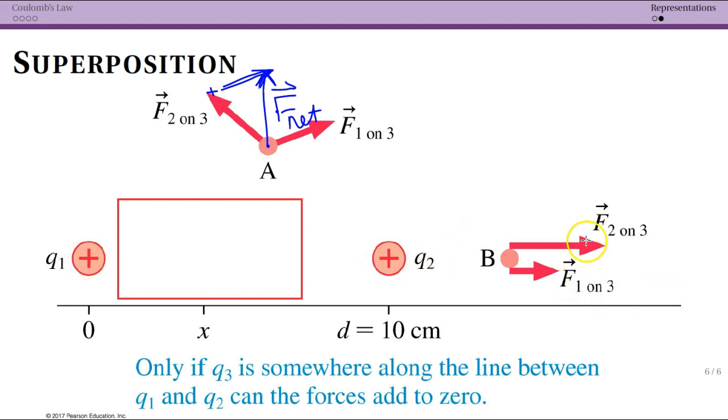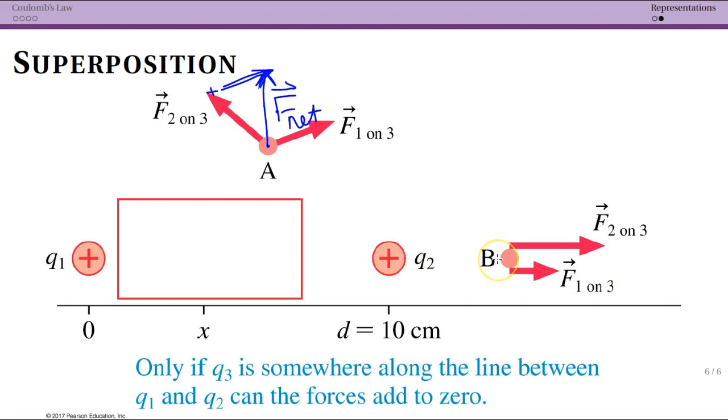So why is F2 on 3 larger than F1 on 3? Well, because it's closer to this. So again, in the problem, maybe it's the case that Q1 and Q2 actually have the same magnitude of charge. I haven't specified that. But as long as they're somewhat similar and Q1 isn't much, much, much bigger, then in fact, the force from 2 on 3 is going to be bigger because they're closer.